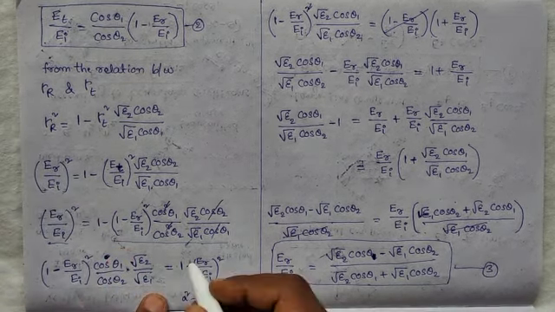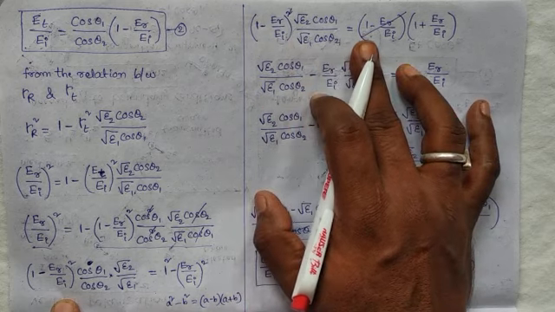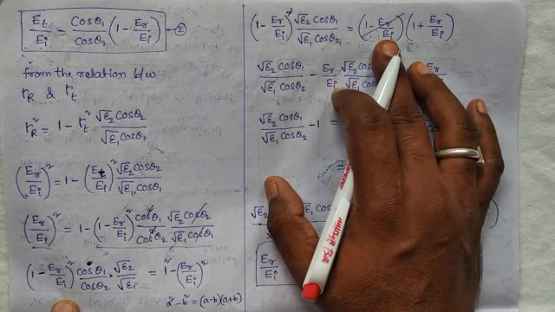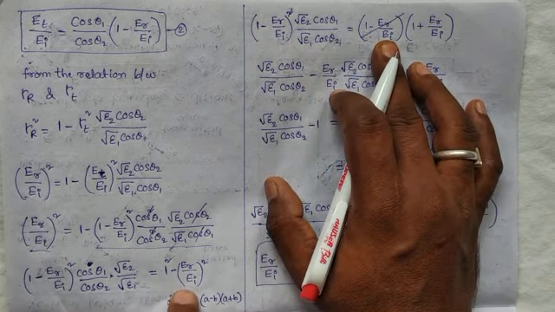Observing the a square minus b square form, 1 minus a minus b into a plus b. The left hand side is the same: 1 minus ER by EI whole square root epsilon 2 cos theta 1 by root epsilon 1 cos theta 2 is equal to 1 minus ER by EI, here a minus b into a plus b, that is 1 minus ER by EI into 1 plus ER by EI.